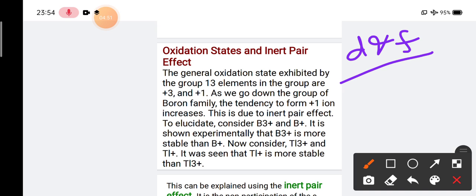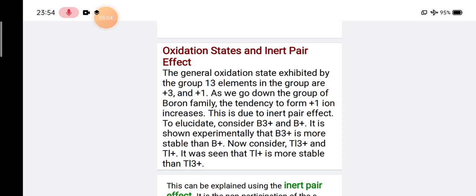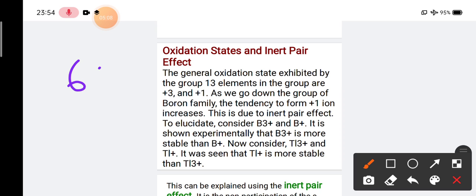As they cannot shield properly, the atomic radius or atomic size decreases because of the poor shielding of d and f orbitals. But this poor shielding of d and f orbitals is maximum in the case of the 6s orbital, in the case of heavier elements, mainly the elements having 6s orbital.